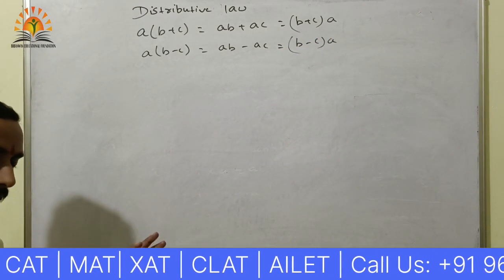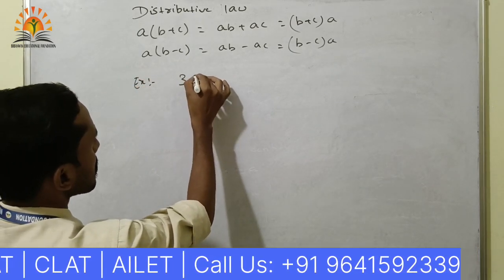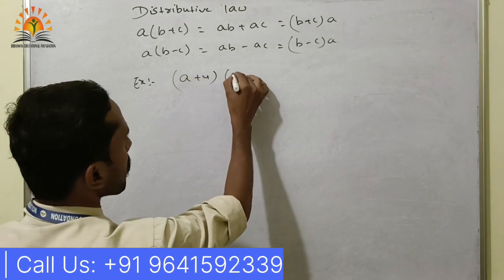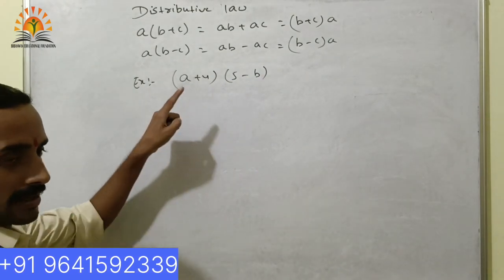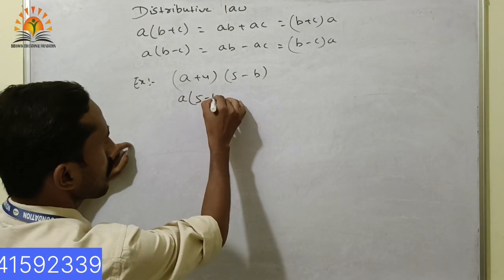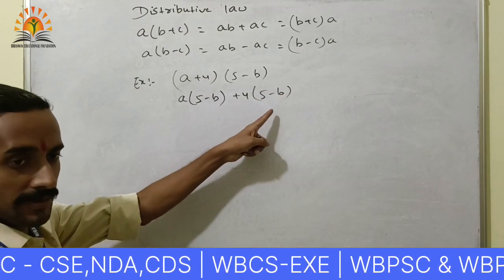By the use of distributive law, we generally do these things. If there is a question A plus 4 times 5 minus B, how can we do this? We do A times 5 minus B, plus 4 times 5 minus B. This is the distributive law.